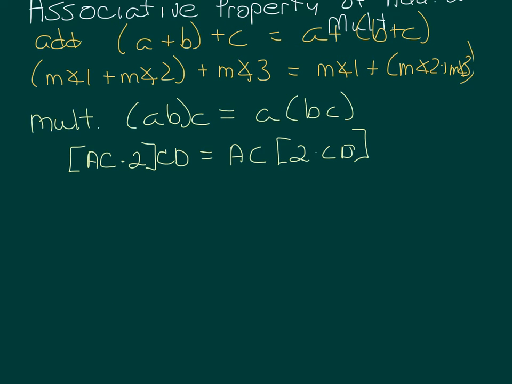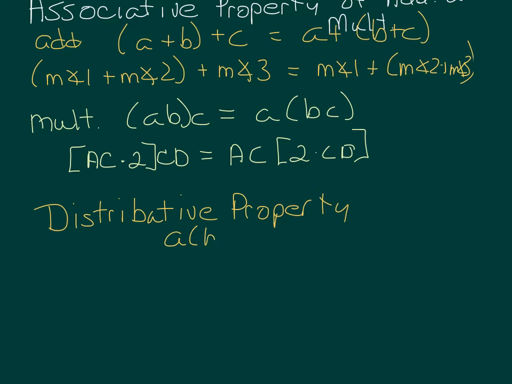Another property, and you use it almost every time you solve an equation, is the distributive property. We use the distributive property a lot. You're going to be using that all the way through your mathematical career.